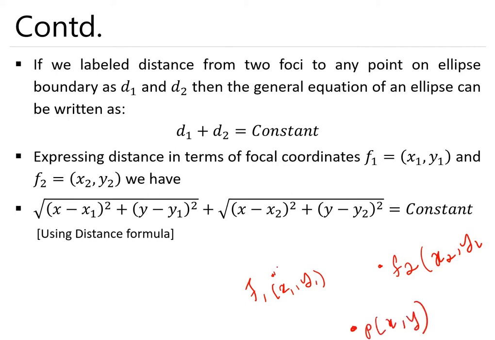Then how do we find the distances? We find the distance along the x-axis first, x minus x1, and on the y-axis also y minus y1. We square them and summate them, and then we take a square root of it. Okay, so this is how distance is calculated. This is nothing but the distance formula. All right.